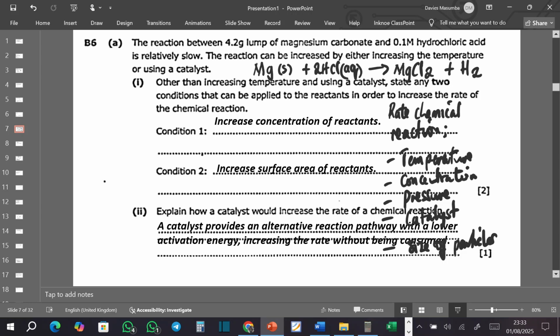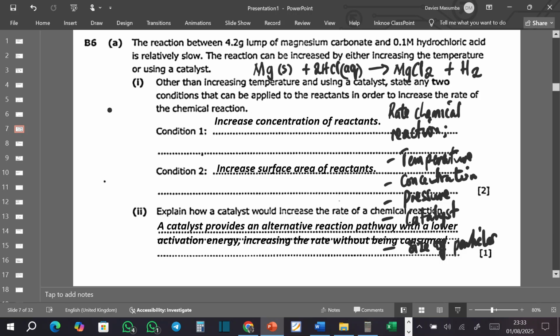We say the higher the temperature, the faster the rate of reaction, due to increase in the kinetic energy of the particles, which leads to more collisions, leading to an increase in the reaction. Then concentration leads to an increase in the rate of reaction due to an increase in the number of particles reacting.